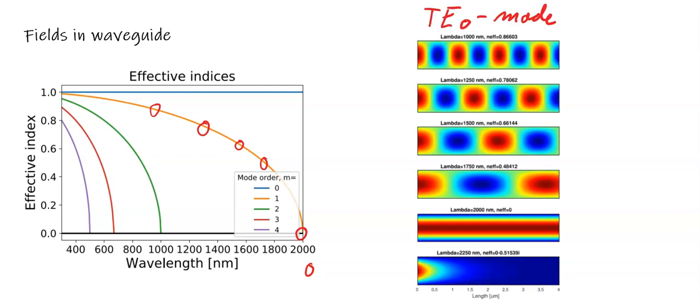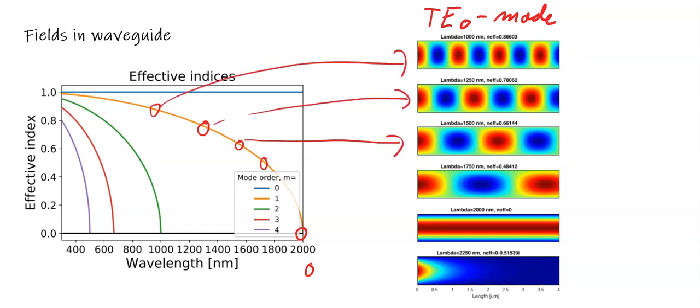And here are the field profiles of the TE0 mode. As the effective index is decreasing, the wavelength of the mode in the propagation direction is increasing all the time. And when we reach the cutoff wavelength, field is extending to infinity. The field is not propagating anymore, but it's kind of filling the full infinite waveguide.